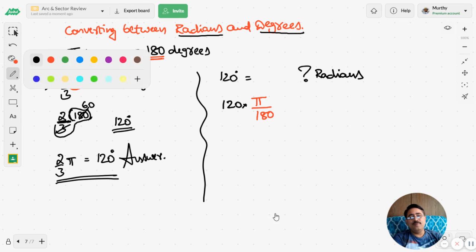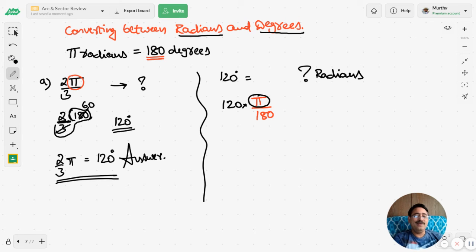Just now I said that pi means 180. Therefore 180 over 180 gives you just 1. If any value is multiplied by 1, it's not going to change, right?